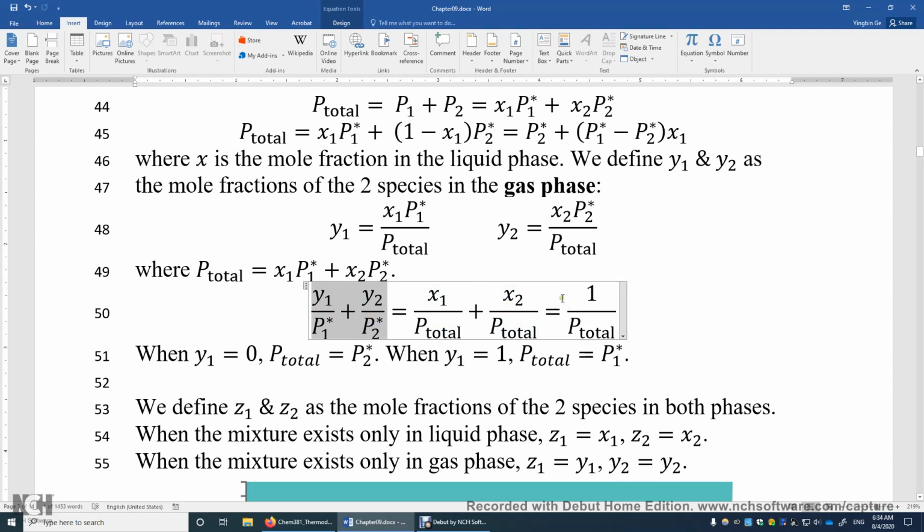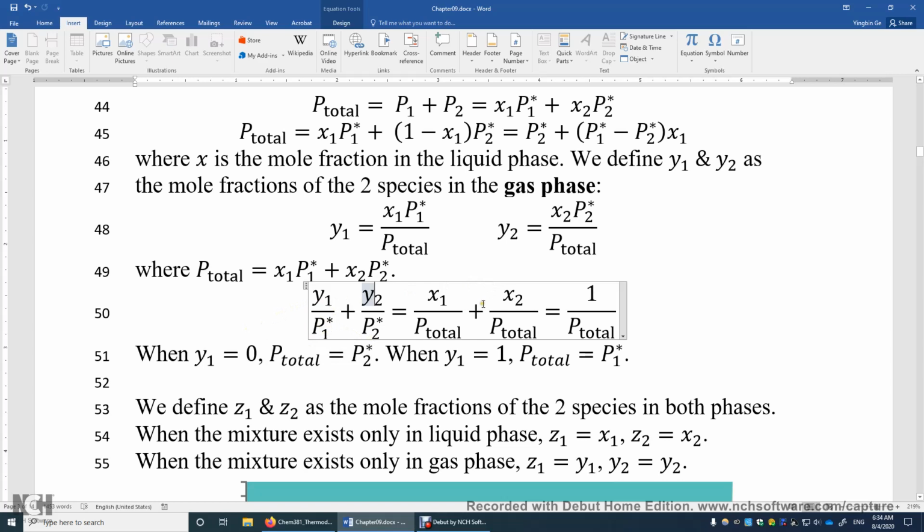It's a little symmetrical. P total is X1 times P1 star plus X2 times P2 star, so P total is the X-weighted pure vapor pressure of 1 and 2. And over here, the reciprocal of P total is the Y-weighted reciprocal of the pure vapor pressure of 1 and 2.